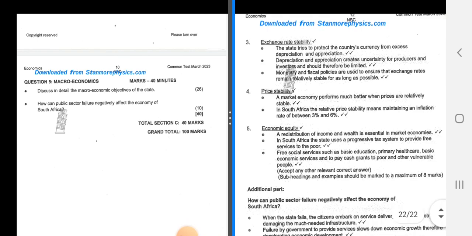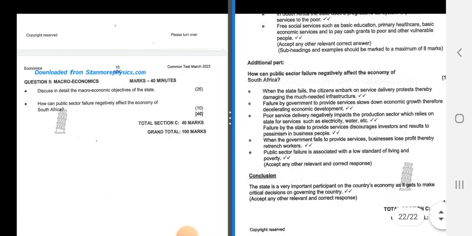And then the additional part says, how can public sector failure negatively affect the economy of South Africa? How does failing of the public sector, the government, affect the economy of South Africa? When the state fails, the citizens embark on service delivery protests, thereby damaging the much needed infrastructure.